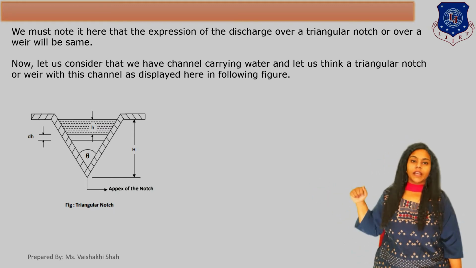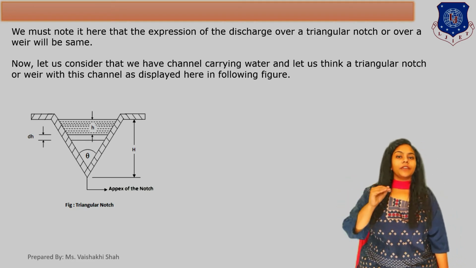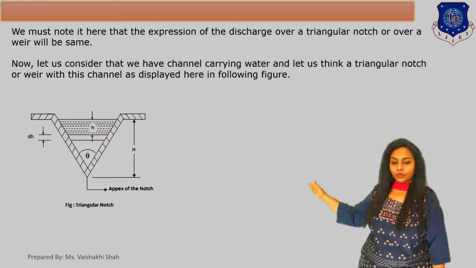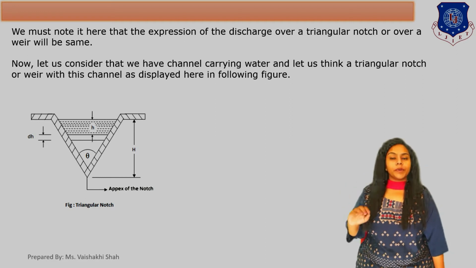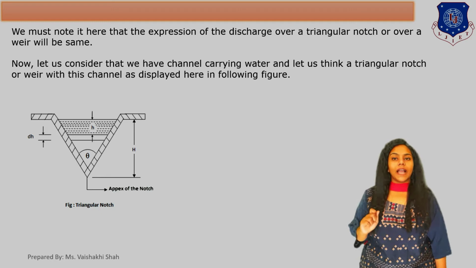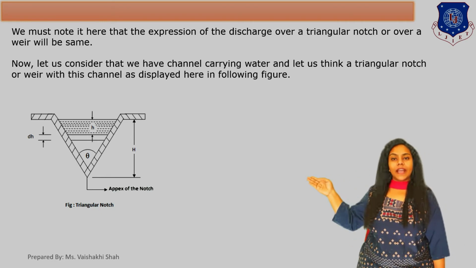Now you select an elementary horizontal strip of liquid in this notch. The height of the strip from the free surface of the liquid is small h and the thickness of the strip is dh.